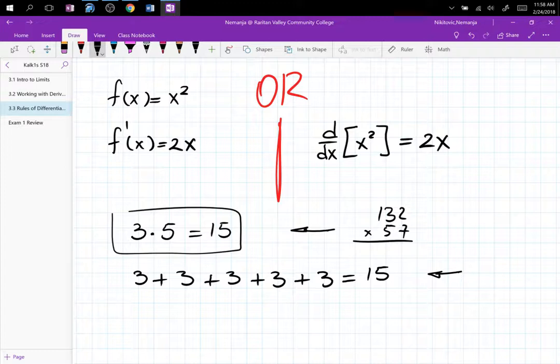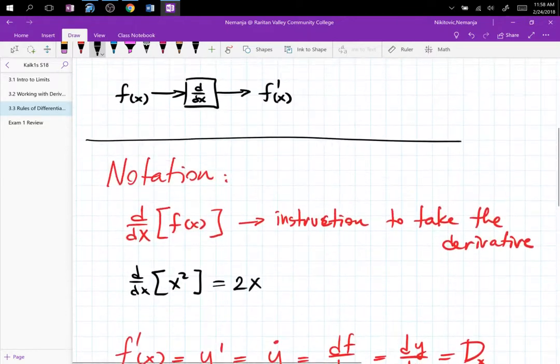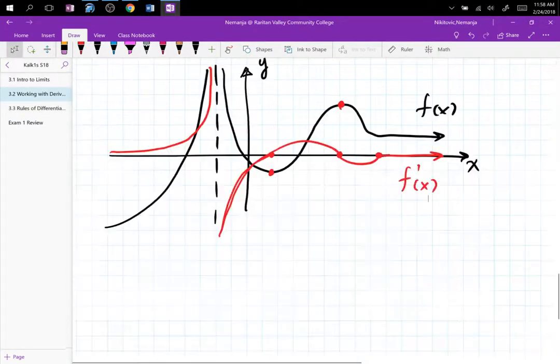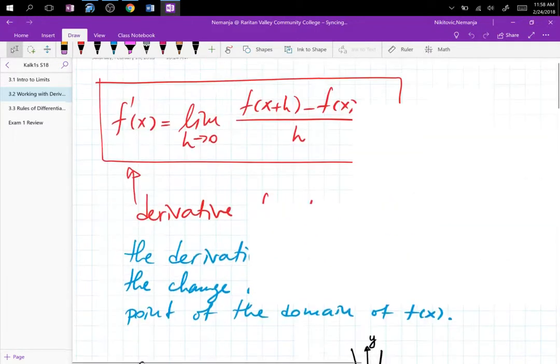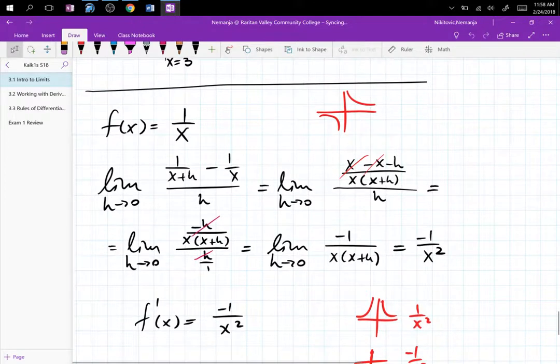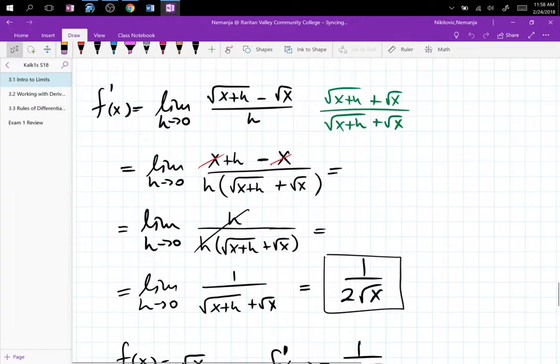What's the way to compute your derivatives? The difference quotient. We go all the way to the previous lecture, to the top, and we see the difference quotient. And you go one lecture before to see the difference quotient at work every time. Wouldn't it be nice to have a one-liner for this instead of going to this limit every time?